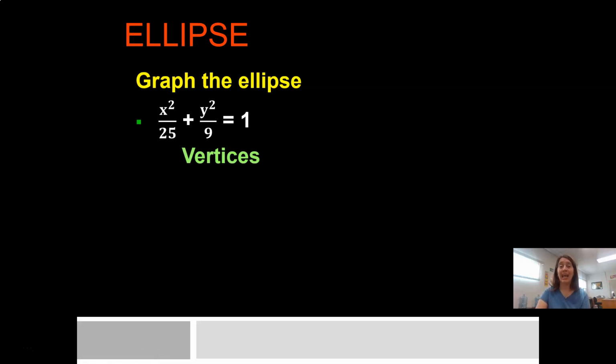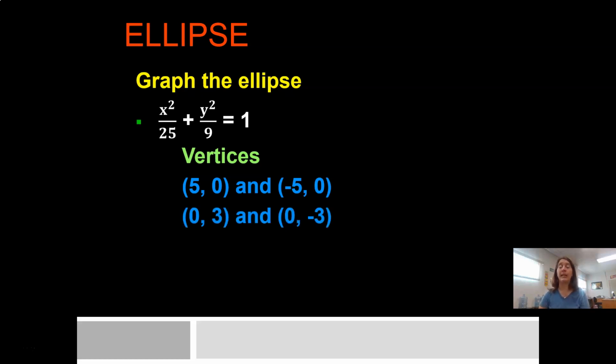So on the x-axis for the vertices, the 4 points that I'm going to connect in just a second, I'm going to go right 5, so that's (5, 0), and I'm also going to go left 5, so (-5, 0). What's going to happen on the y-axis? Underneath the y, I see 9. What do I square to get the number 9? A 3. So on the y-axis, I would go up 3 spaces, and I would go down 3 spaces.